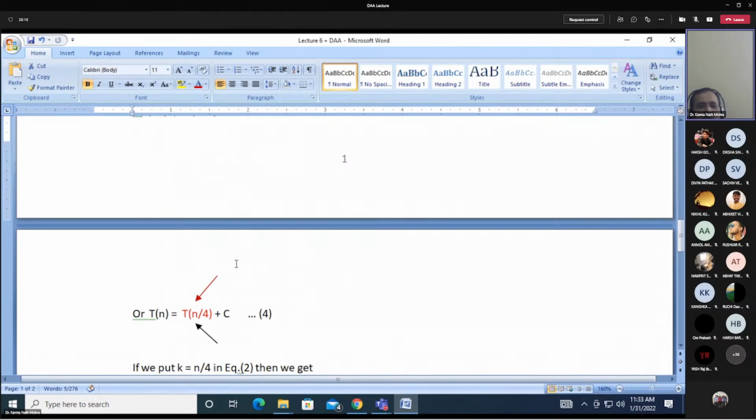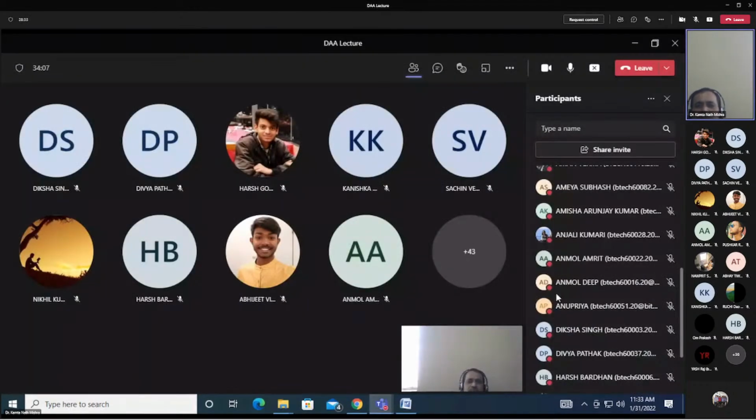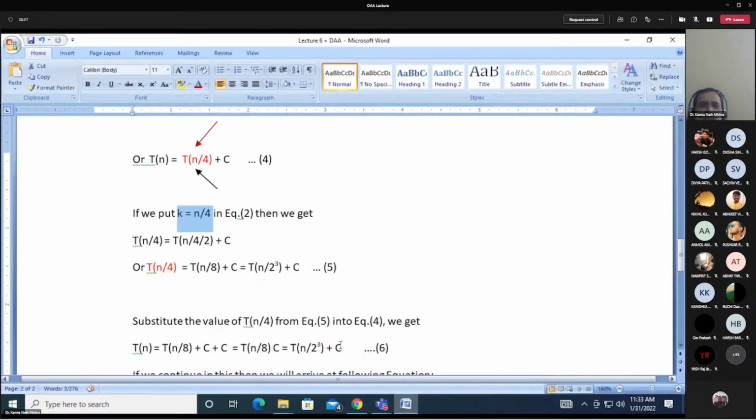So if you put k equals n by 4 in equation 2, what will you get?